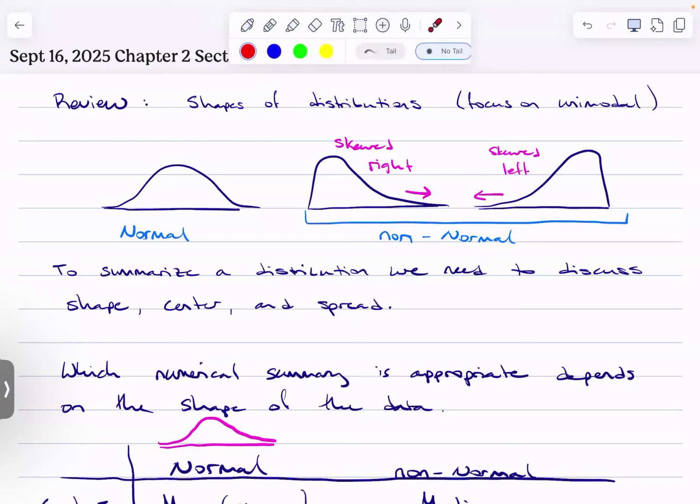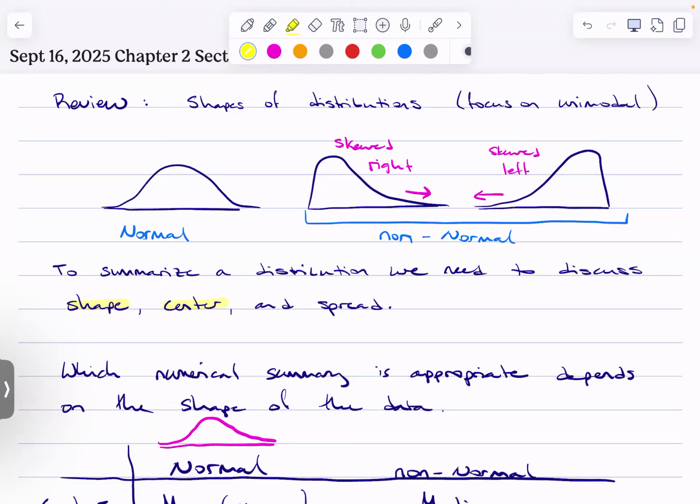We also talked about how, to summarize a distribution, we need to talk about three things. We need to talk about the shape. Now we have terminology for those shapes that we can apply. We need to talk about the center. When we're looking at a histogram, like we did last week, we just eyeball the center. Where is the peak?